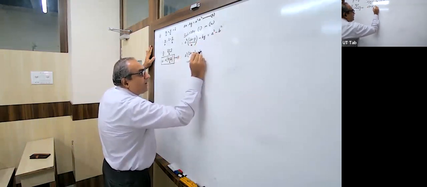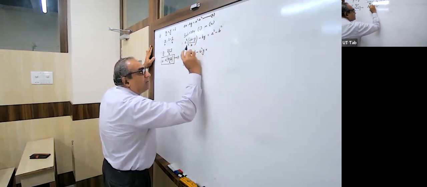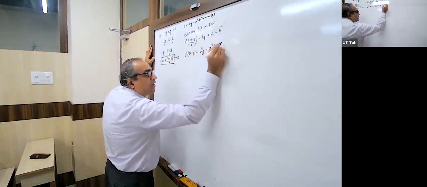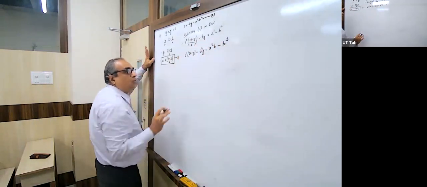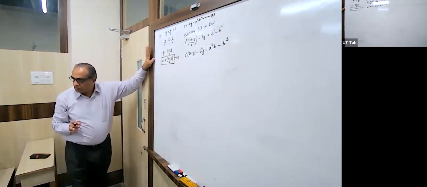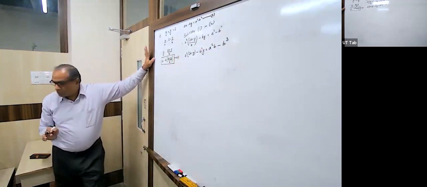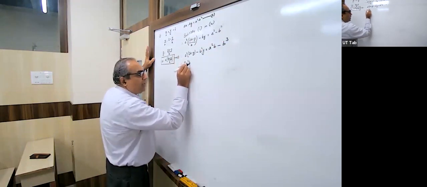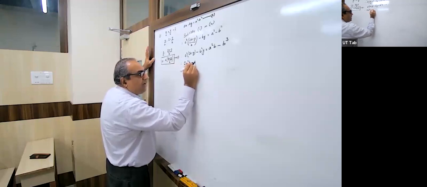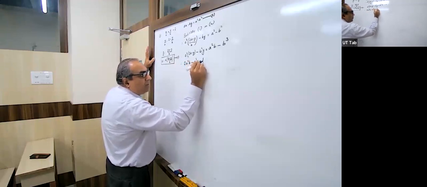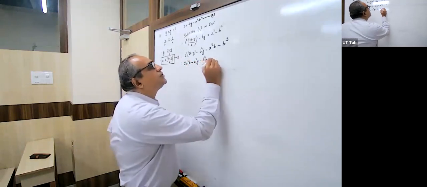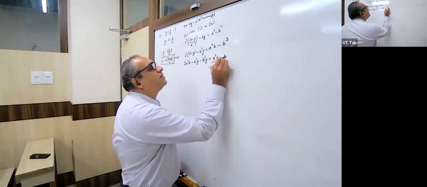So this becomes minus b squared y. This becomes a squared b. This becomes b cubed. Two a squared b, opening the brackets, minus a squared y, minus b squared y is as it is.